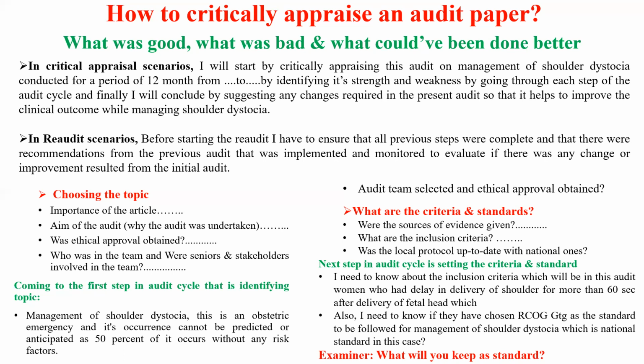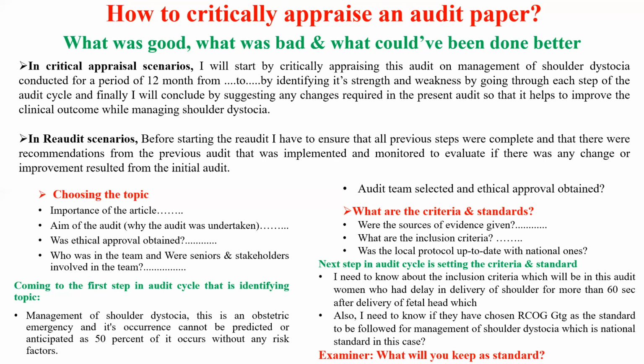And finally, I will conclude by suggesting any changes required in the present audit, so it helps to improve the clinical outcome while managing shoulder dystocia. This will be a good way for your introduction during the critical appraisal station.